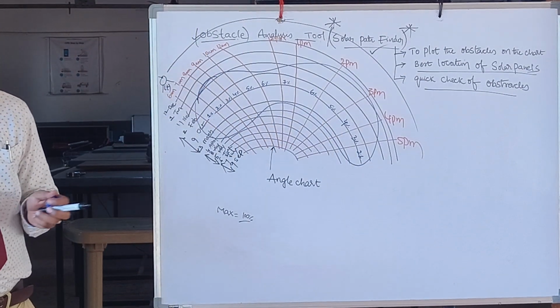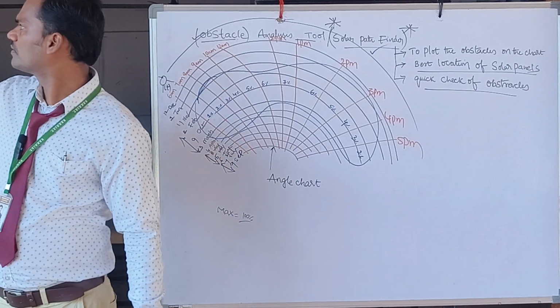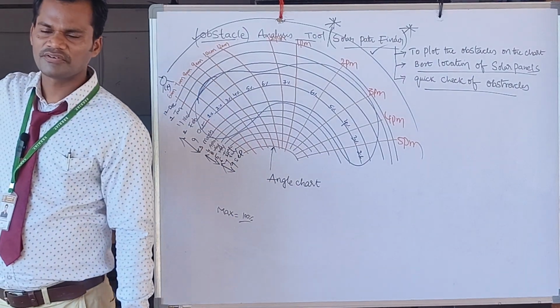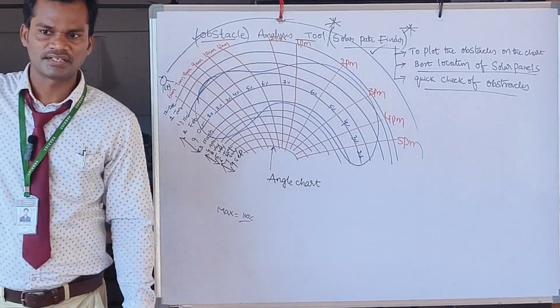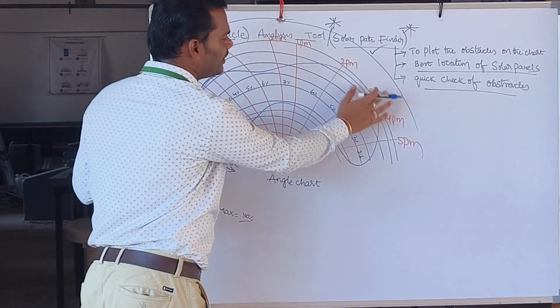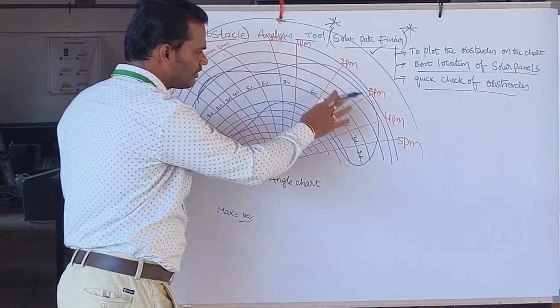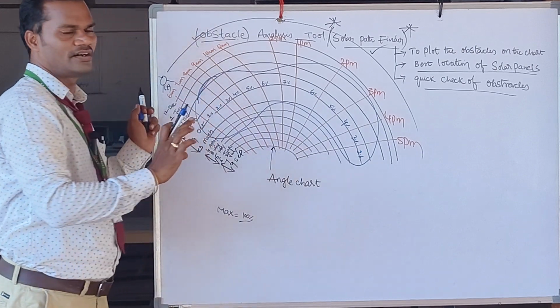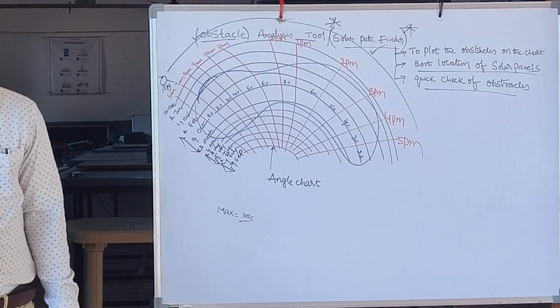In which color? Black color. Whenever shadows fall on it, the remaining area will be in black color, and where there is shadow it will be shown in white color.